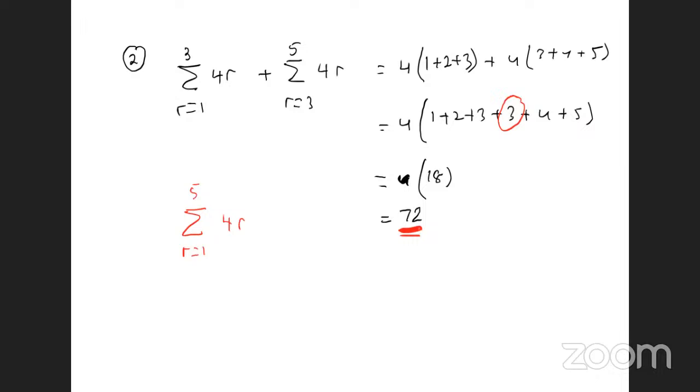And then what? Add back what? So add back 4 by 3. Okay, let's leave it like that. So you write the summation like normal and you add back on the extra term that they had.